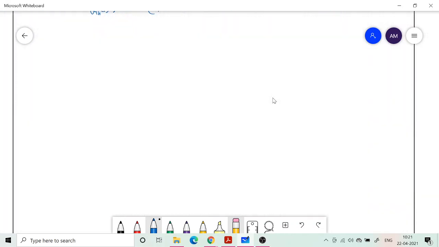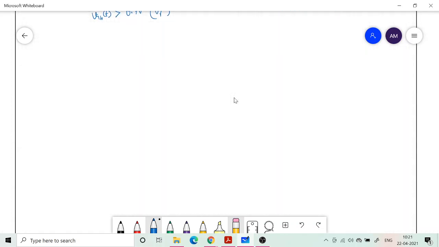So that's just one circuit. Let me also go into one more example, which is a similar circuit. This is example number 2. One more circuit.